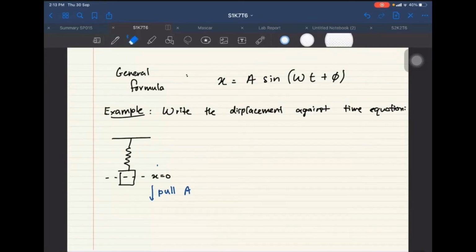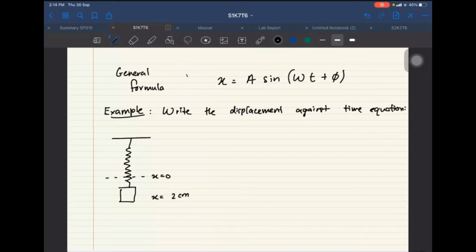Okay, anyway, dia kata this object is being pulled 2 cm from the equilibrium. So now your situation change a little bit. Daripada sini maybe dia dah berubah lah, dari ke bawah 2 cm. Okay, so let's say this one is x equals to 2 cm.